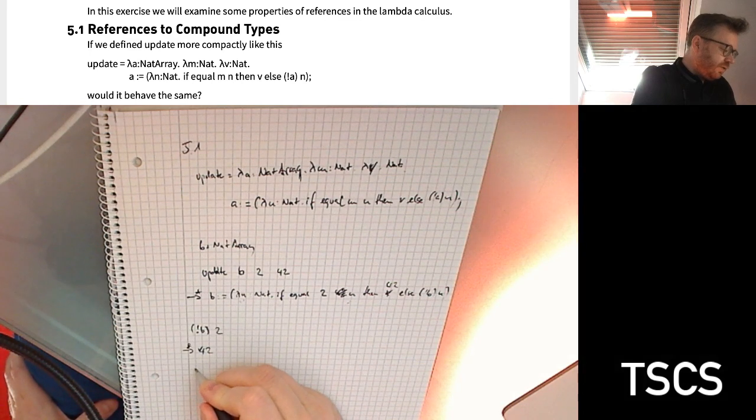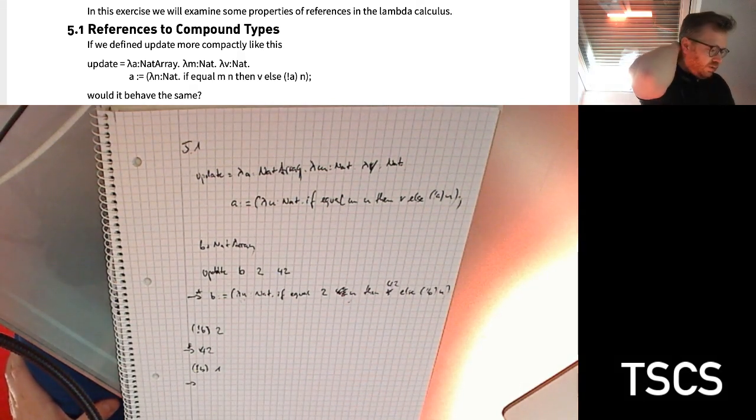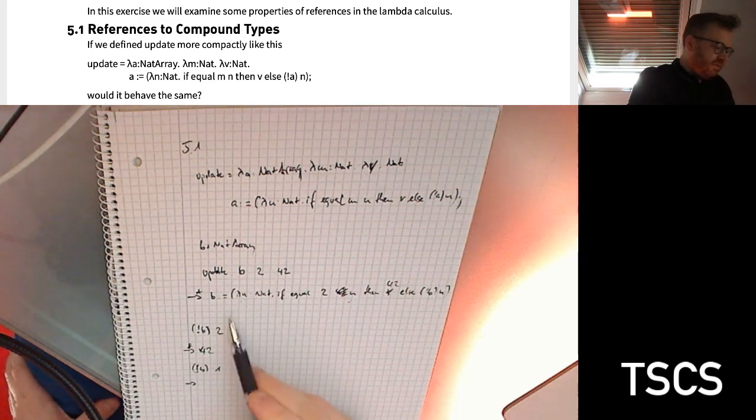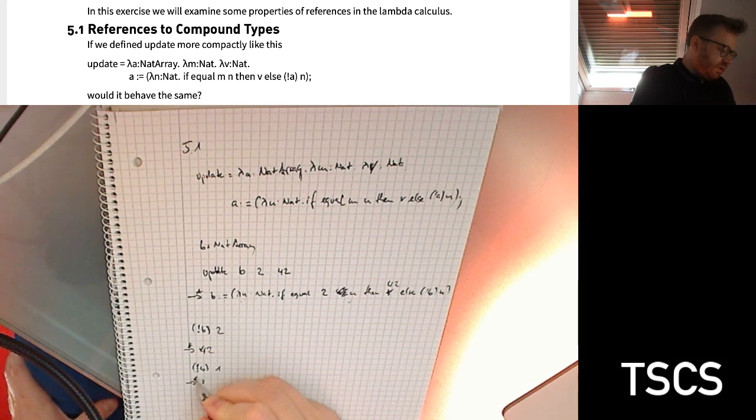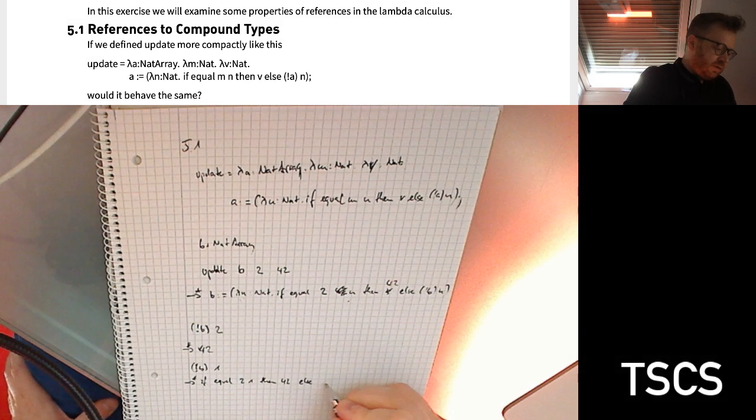But if we say, okay, let's look up 1, what would happen then? Well, let's do that. Let's dereference that. That would be this, and then apply it. So this would rewrite to if equal to 1, then 42, else dereference b, n.